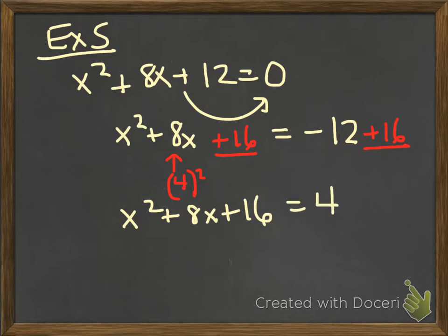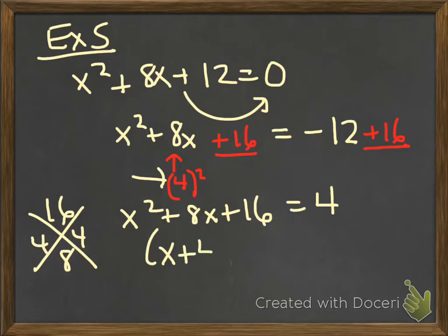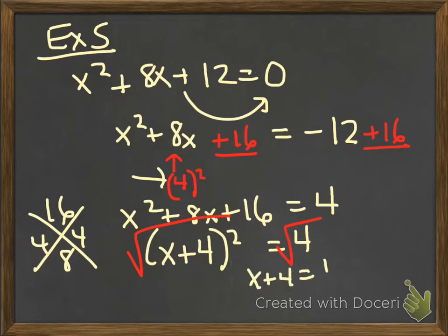If I factored it, it's 4 and 4. But you should know that because it's based on this number. So it's x plus 4 quantity squared equals 4. You're going to take the square root of both sides. Then you get x plus 4 equals plus or minus 2, because the square root of 4 is 2.